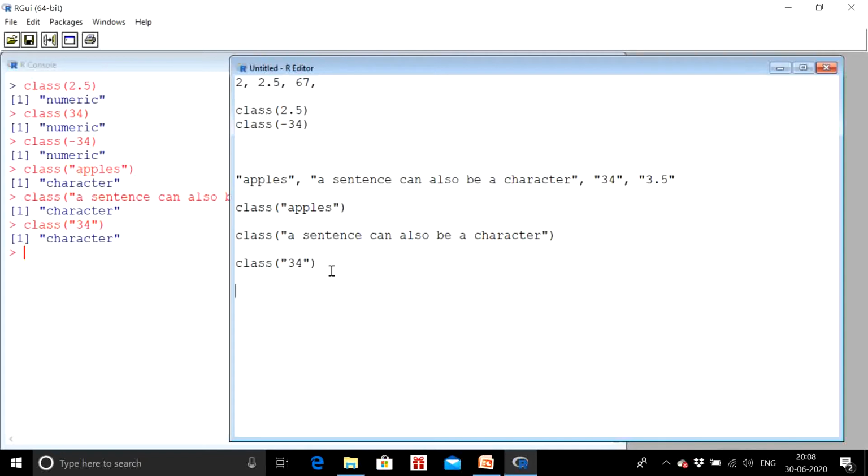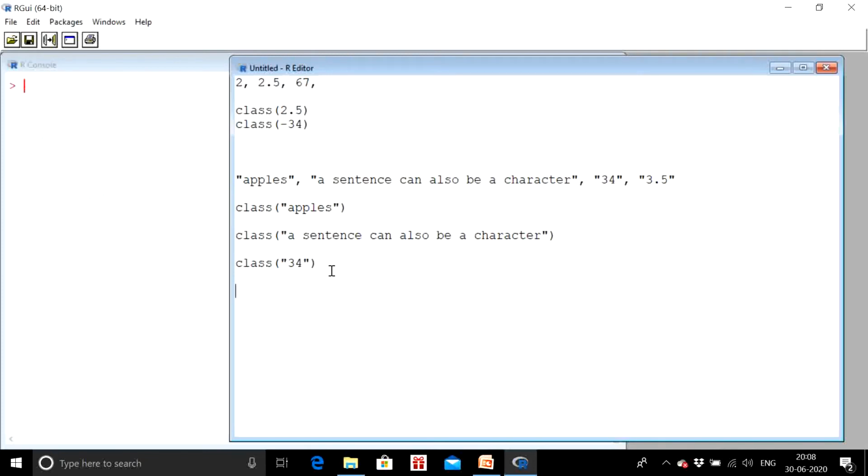To convert a data type, let me clear the console, Control plus L. I am clearing the console so that it appears a bit more tidy. So coming back to the problem, what I was saying was that to convert a data type, for example to numeric, I use the command as.numeric.